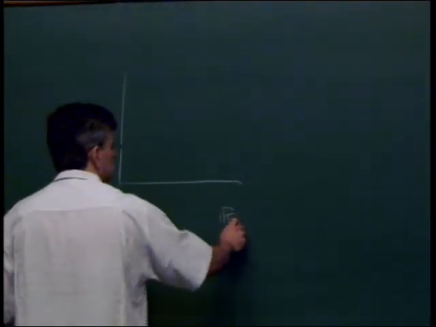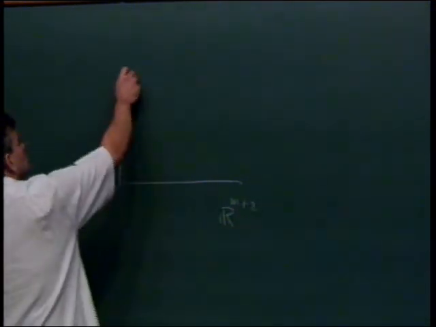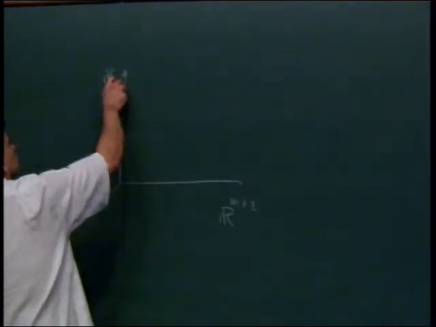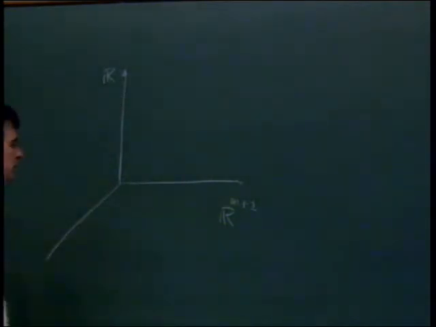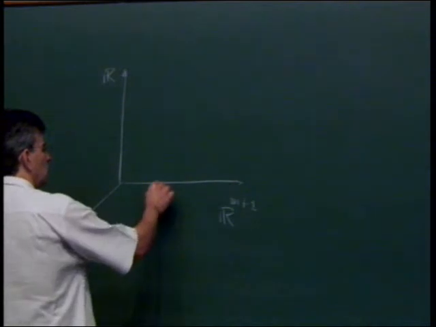So let us look at Euclidean space of dimension m plus 2 as a product in which this plane represents Euclidean space of dimension m plus 1.